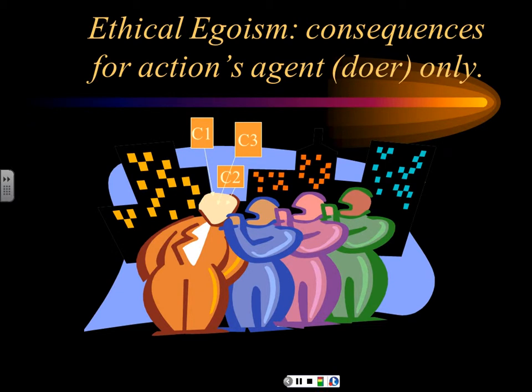But a theory that says the only thing that matters are the consequences for me, the consequences for you don't matter morally, makes it such that you can't trust an egoist to always act for your benefit, in your interest. They're acting primarily in their interest. So a lot of philosophers don't advocate egoism.